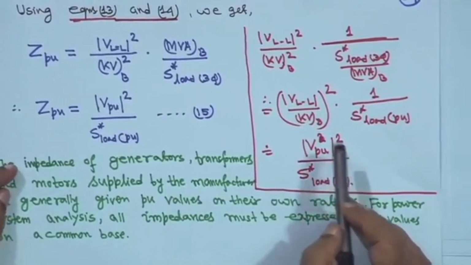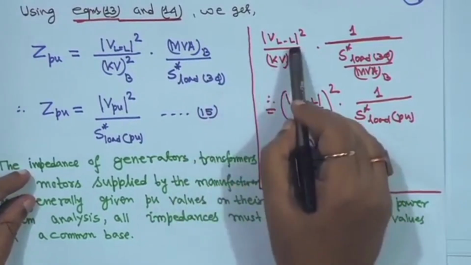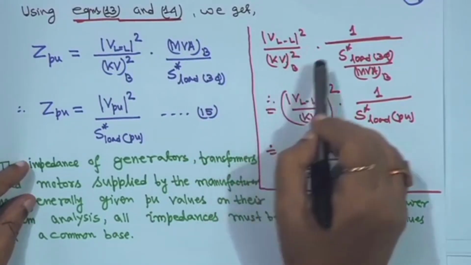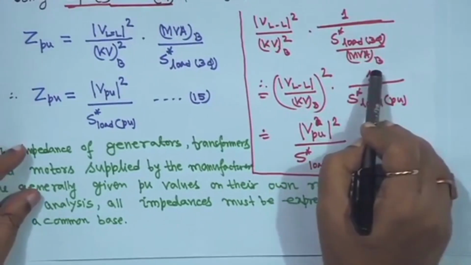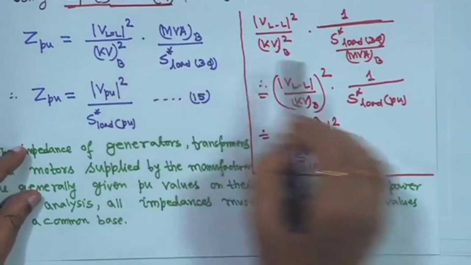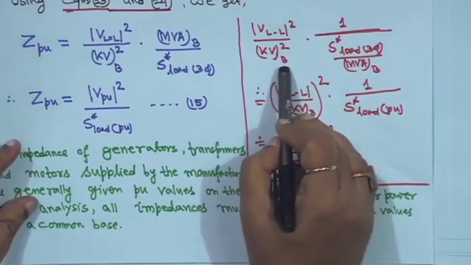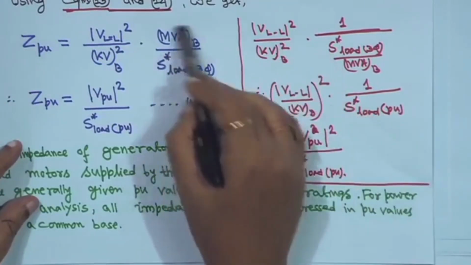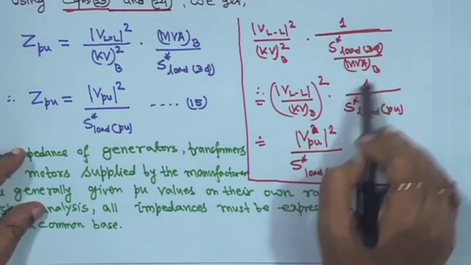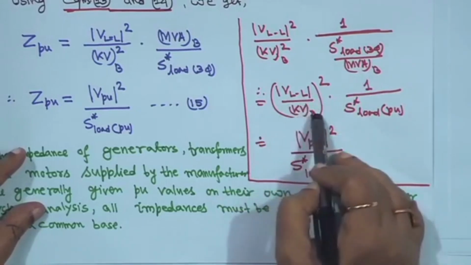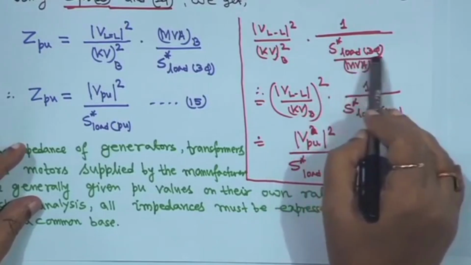Now, this VLL square upon kV base square into this one can be written as 1 upon S conjugate load 3 phase by MVA base. I am rewriting this equation on the right hand side for your understanding: magnitude of VLL square upon kV base square, and this part 1 upon S conjugate load 3 phase by MVA base. So, in brackets we are writing line to line voltage magnitude on kV base, whole square, into 1 upon S conjugate load 3 phase by MVA base.